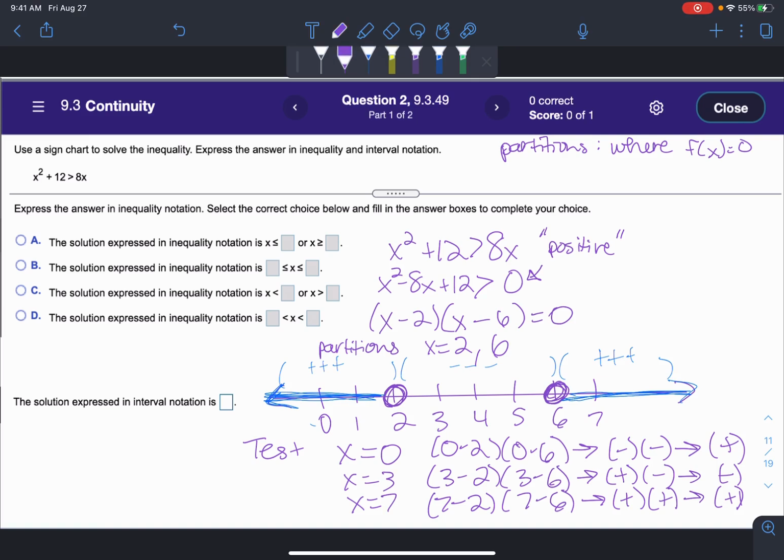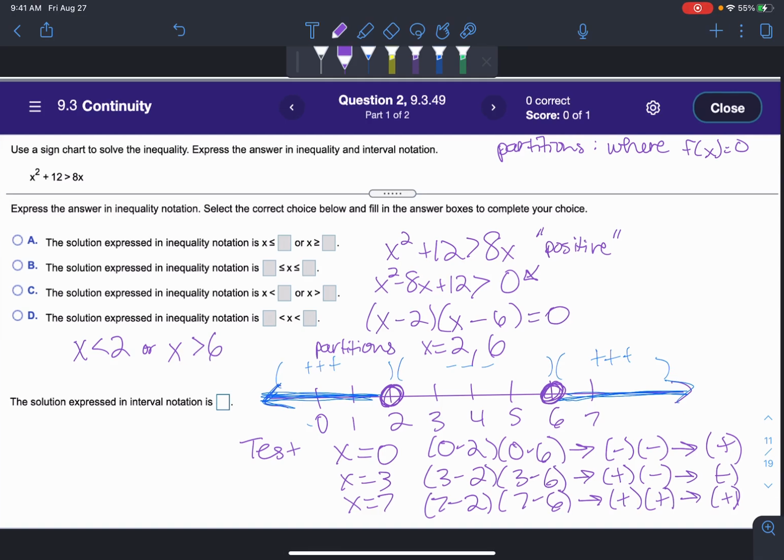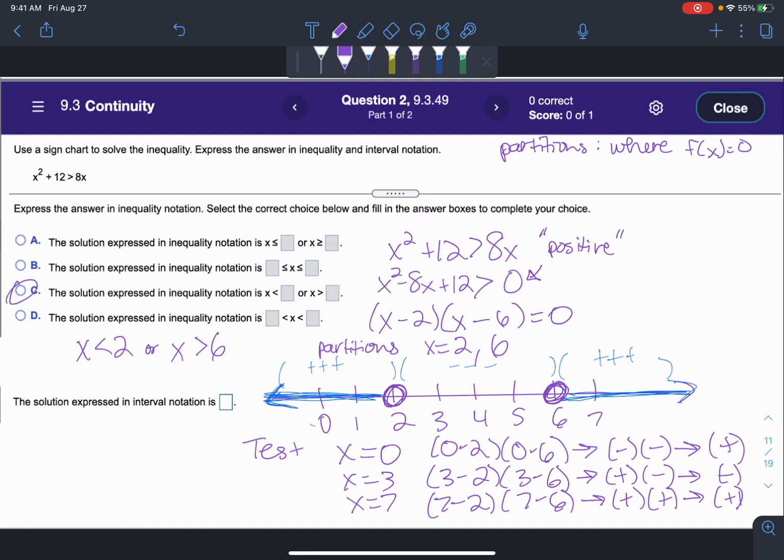And so how we write that with inequalities is I want my x to be less than 2 or my x to be greater than 6. And so let's see, that is our answer. So we have 2 and 6 here.